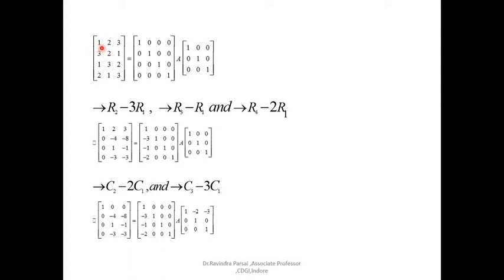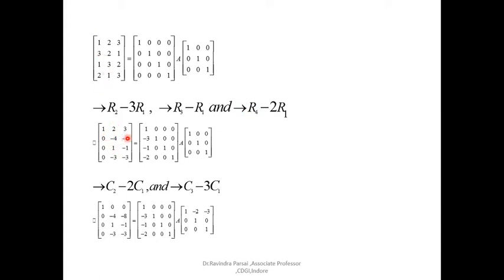First you make the first pivot element 1, and with its help you make the elements below it 0. So you apply R2 minus 3 R1, R3 minus 3 R1, and R4 minus 2 R1.